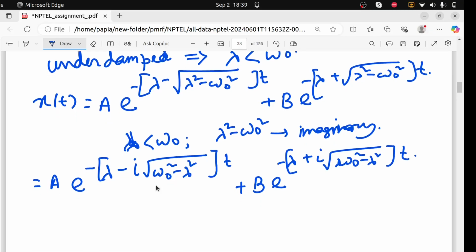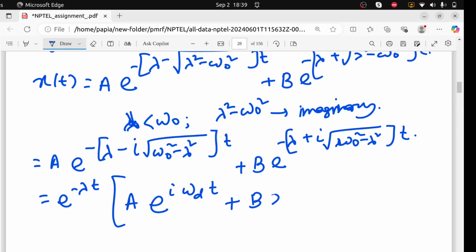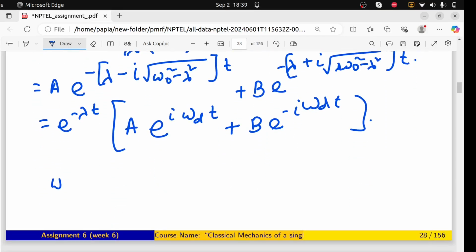So it can be written as: I can take out e to the power minus lambda t, then a e to the power i omega d t plus b e to the power minus i omega d t. What is omega d? Omega d is nothing but root over omega 0 square minus lambda square.